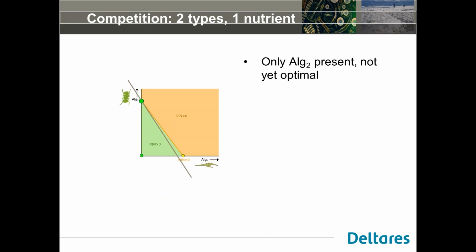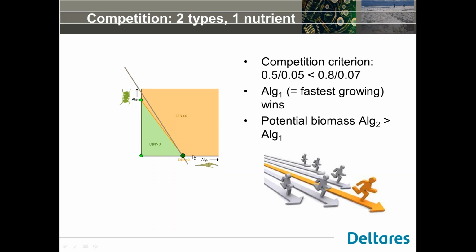But now, as we proceed with the competition experiment, we first end up in the point over here, which was the optimum solution in the previous example, but in this case it isn't, because this point is now the optimum solution, and it is so because, again, employing our competition criterion, 0.5 divided by the requirement 0.05 is now smaller than 0.8 divided by 0.07.